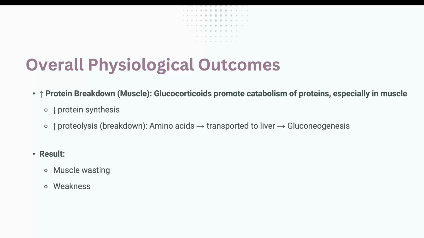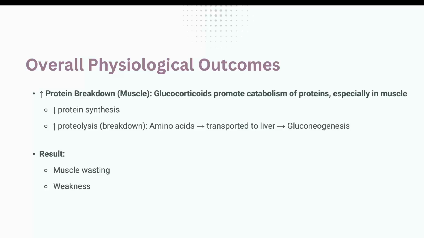The result is amino acids, and these amino acids are recycled and taken up by the liver for the process of gluconeogenesis. So increased protein breakdown supports gluconeogenesis in the liver with amino acids, for example alanine, in order to exploit them in the process of gluconeogenesis.